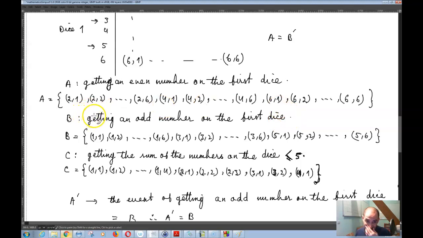And since that is the case, B prime is getting an even number on the first dice. Now, what is A? A is getting an even number on the first dice. So this statement is true.